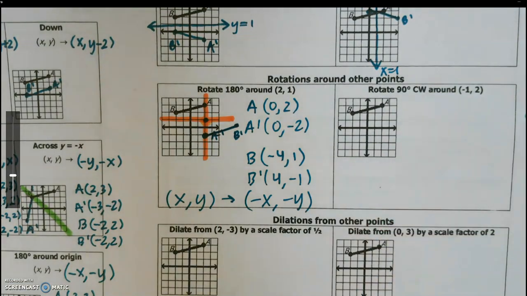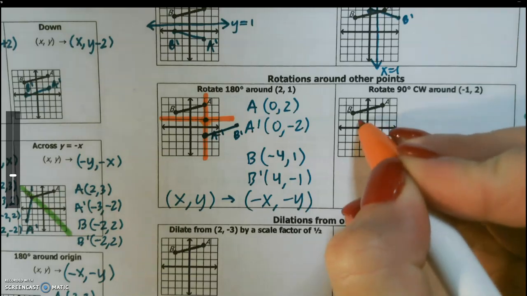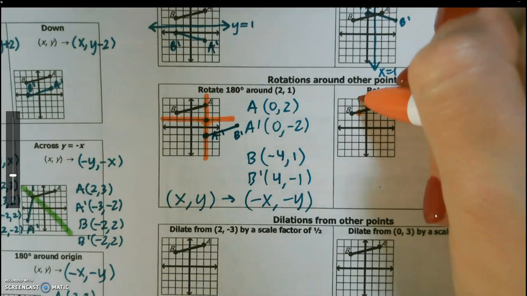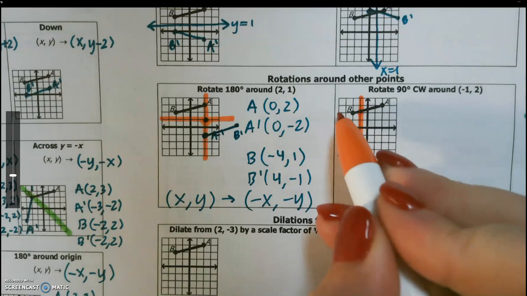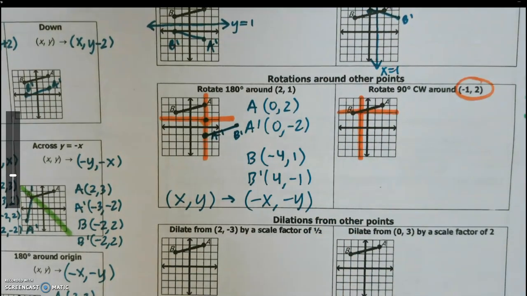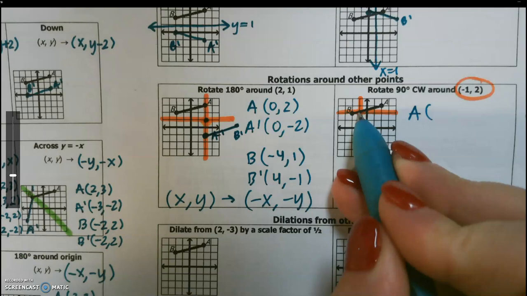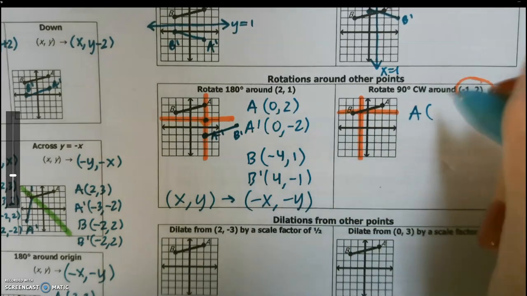For this one, we're going to start with making our origin negative 1, 2. So you're going to redraw your y-axis and your x-axis through your new center of rotation. That means if that's your 0, 0, A is at 1, 2, 3, 1.